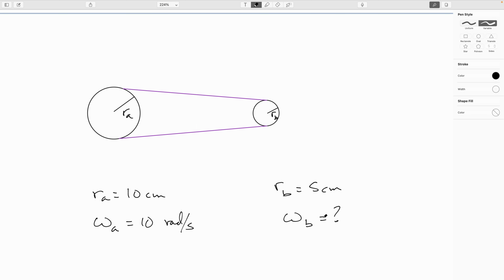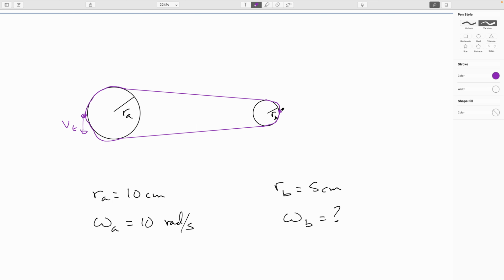Well, we can tie this together via the tangential velocity. The idea here is if we look at any point on our fan belt, and I should probably continue my fan belt along like that and along like that. So if I look at this point on the fan belt right here, it'll have to be going at whatever the tangential velocity is for a point on the end of the pulley here.